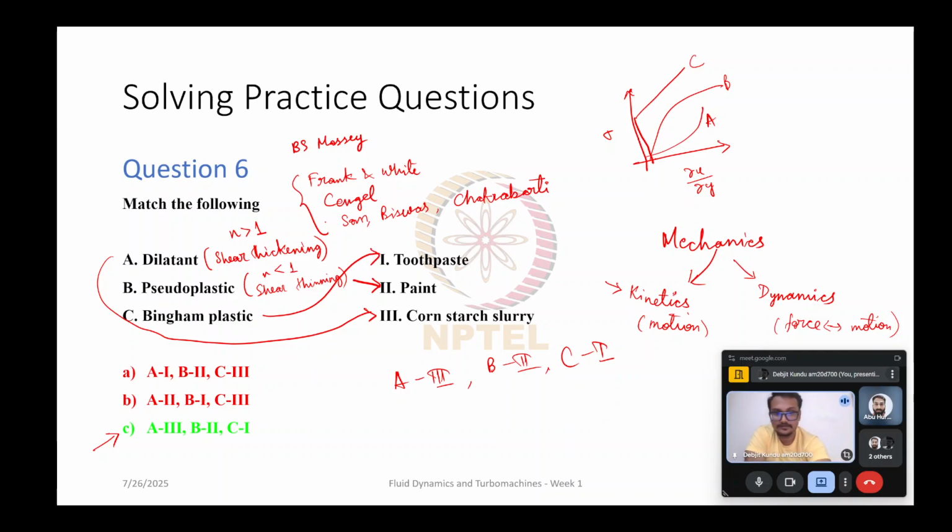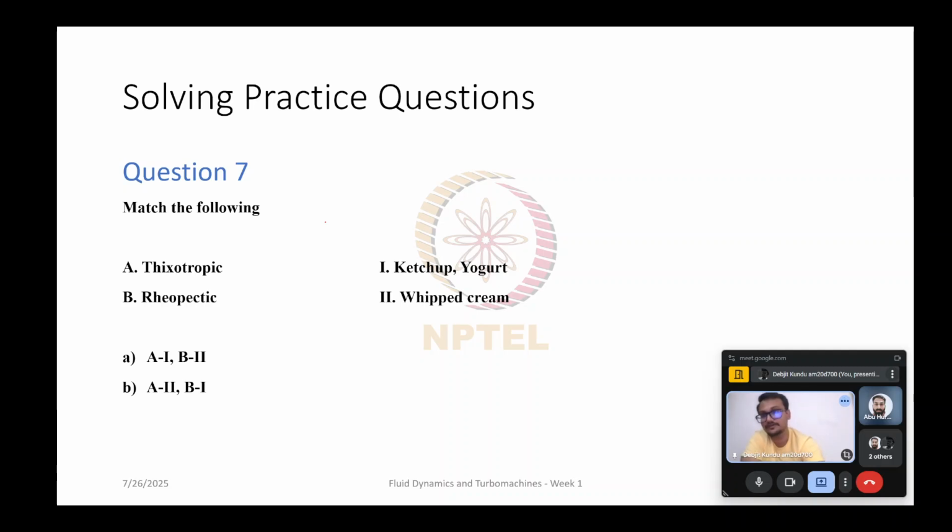Okay, so let's get moving. We have question number 7 now. So right now there's not much math because we are just starting off with an introduction to fluid mechanics. So there are these terminologies and jargon which we should get familiar with, and also a little bit of physics, which is just physics, not math.